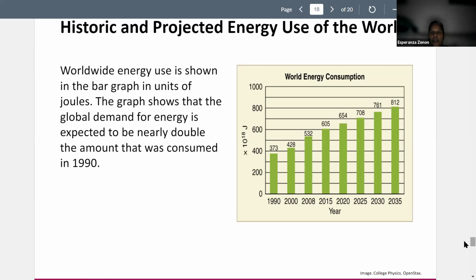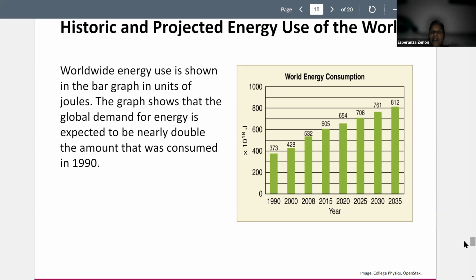And you can see that progressively the world's energy consumption has gone up. And by 2035, which seems like a far away, but it's not as far as we might think, we're going to be right about 812 times 10 to the 18 joules of energy worldwide.